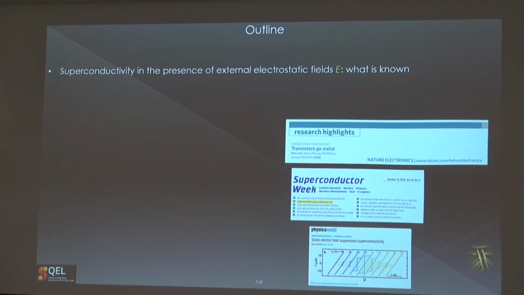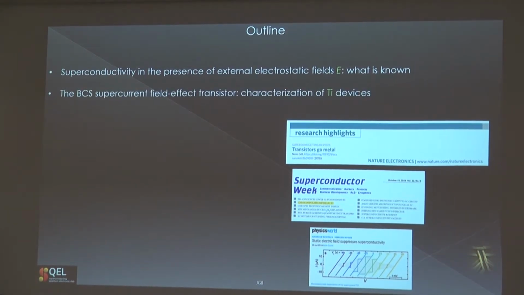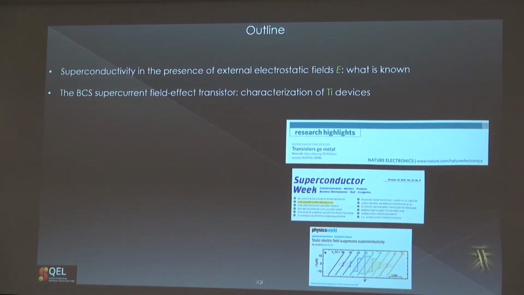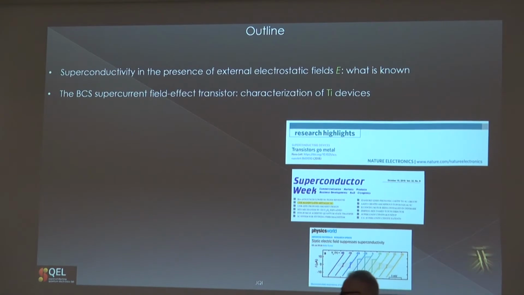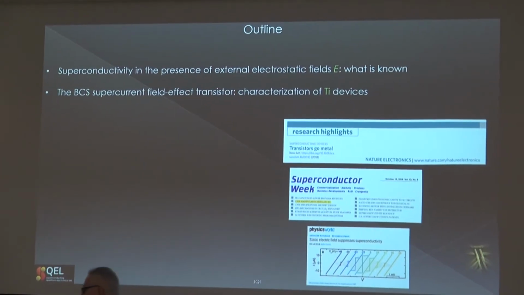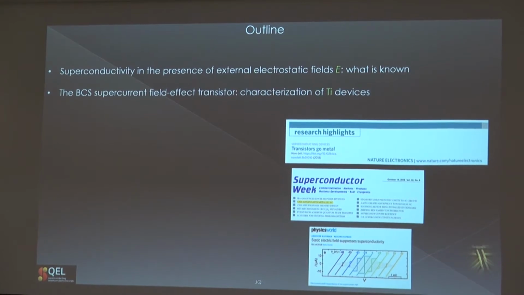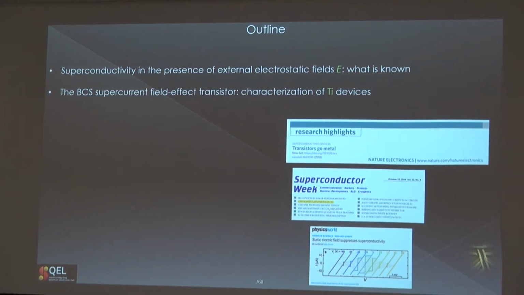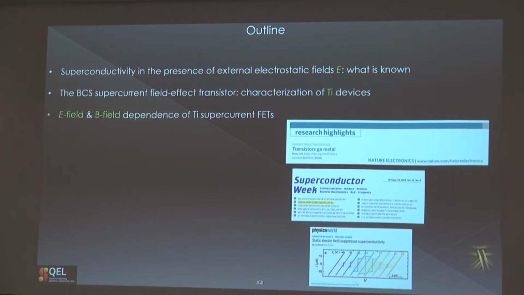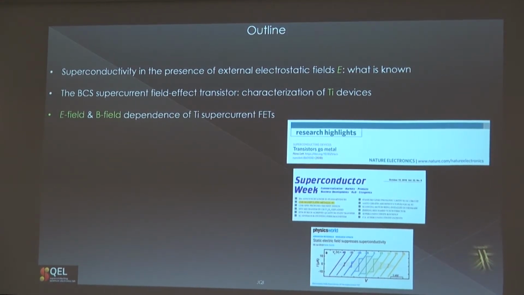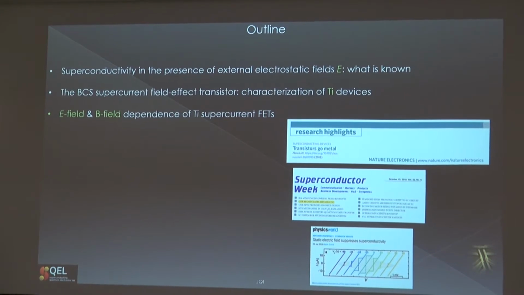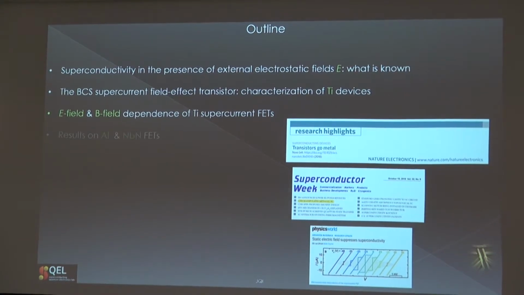So basically, what is known, and then after saying that very little is known, I will go on to the demonstration of the first impact, let's say, of electric fields on titanium-based devices, and I will show the impact of the electric and magnetic field on the supercurrent in titanium-based supercurrent field effect transistors.